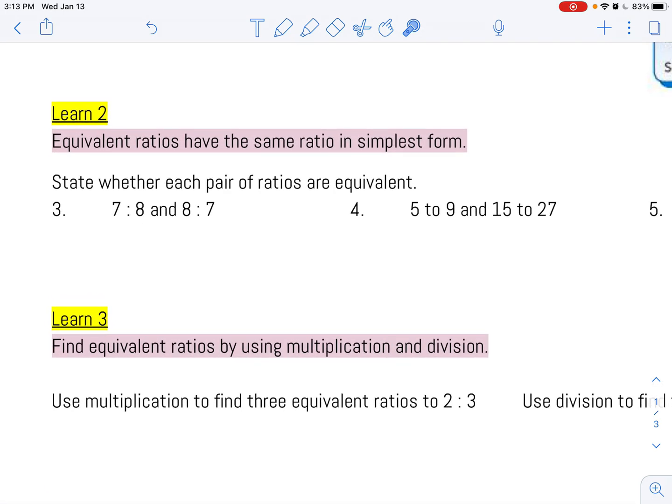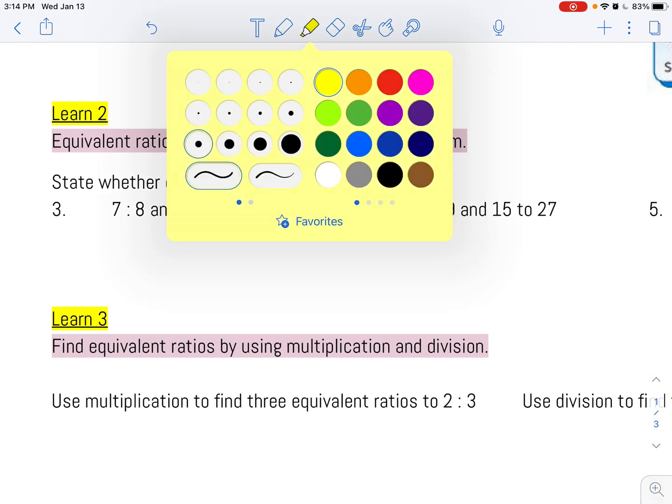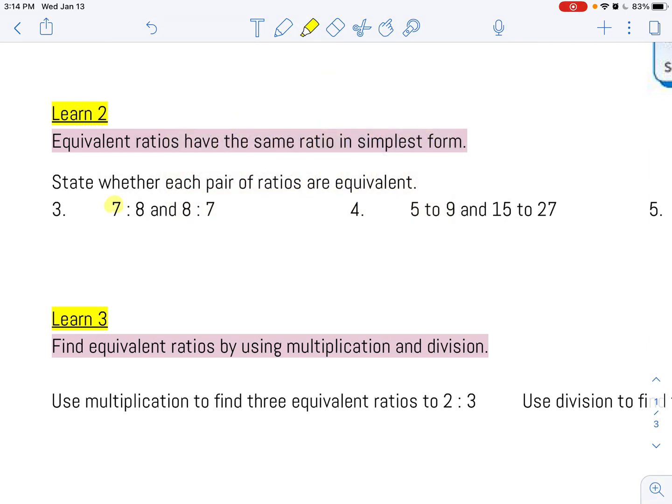What I recommend for you guys, when comparing two different ratios, is that we want to highlight our numbers that match up, or our terms that match up. So starting here, 7 is the first term in this ratio, and 8 is the first term in the second ratio. 8 is my second term, and 7 is my second term.